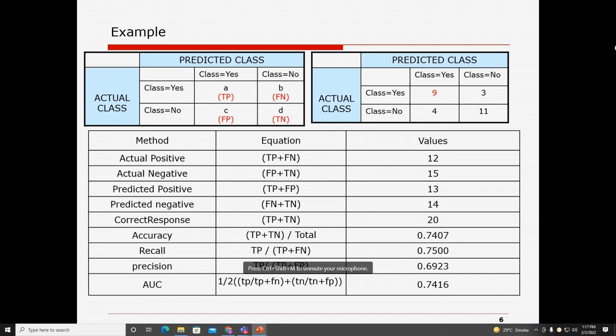How do I calculate accuracy? 20/27. Yes, right. So put up that value and calculate the overall accuracy. What is this value?